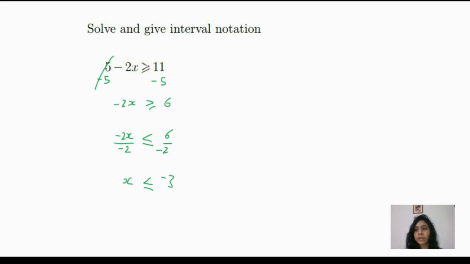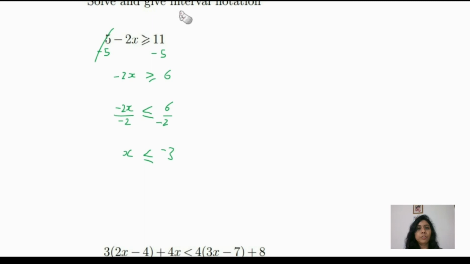This is the inequality, but we have to give the answer in interval notation. So x takes all values less than -3 or equal to, so minus infinity up to -3. The equal sign means -3 is included.